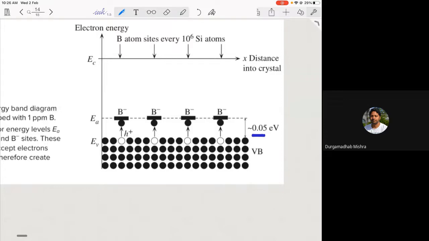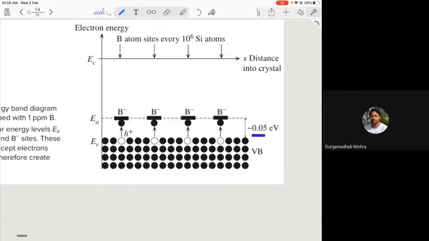That means the electron from the valence band of silicon will jump to the B minus, which is the boron, and will get trapped there. It will stay there and become immobile.